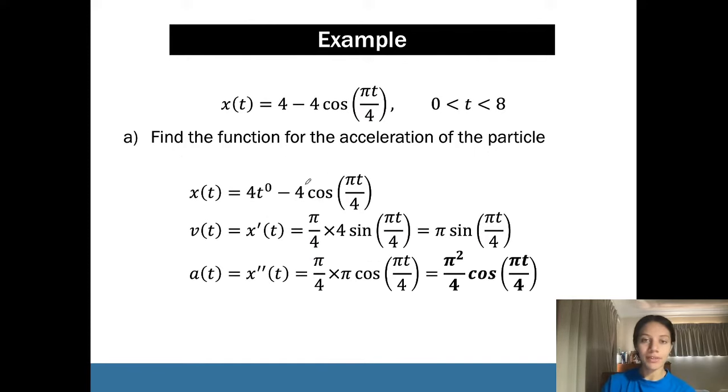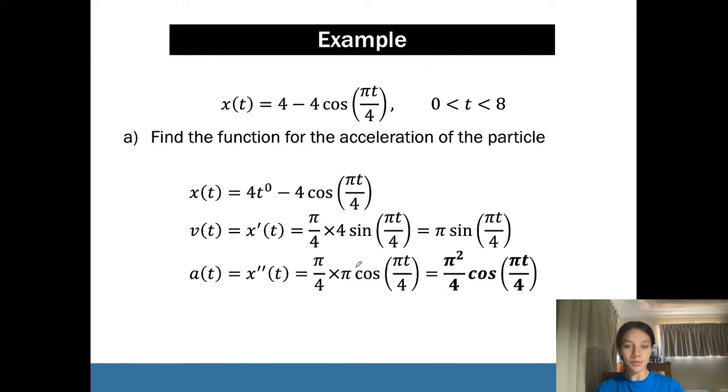So the first part is to find the function for the acceleration of the particle. Like we were saying before, finding the function for acceleration is going to involve finding the second derivative. We have the position function, and we turn that into the velocity function by deriving once, and into the acceleration function by deriving again. So we start with 4 minus 4 cos(pi t over 4).